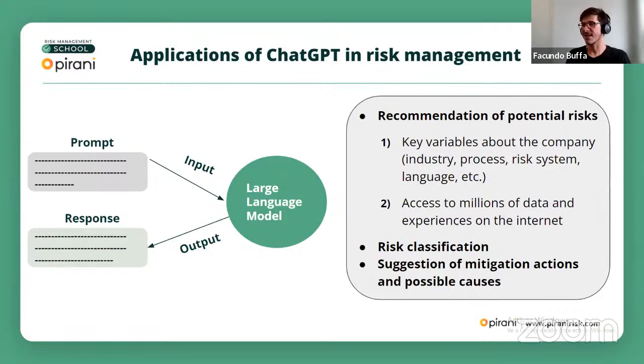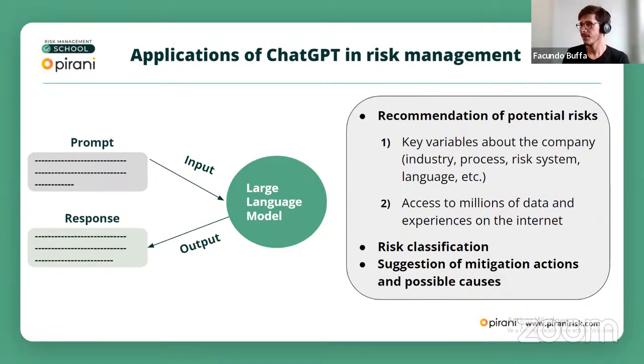So they started calling our risk consultants, and we decided to create this system to recommend potential risks. It uses different key variables about the client's company, for example the industry of the client, the process in the company, and the risk system this refers to, such as compliance, operational risk, or anti-money laundering risks.